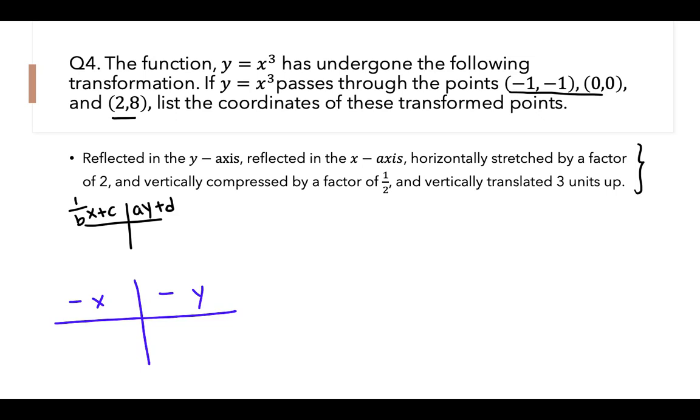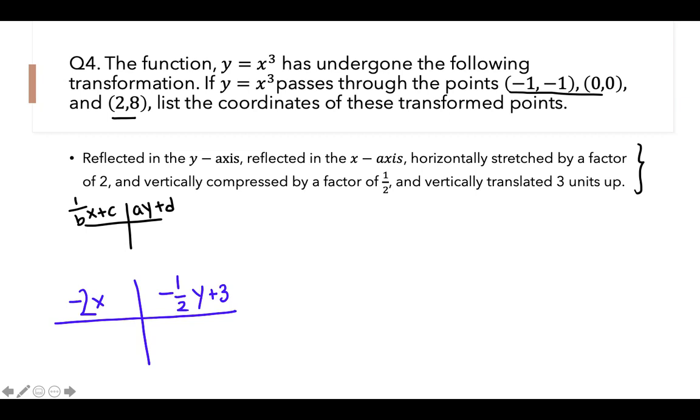So that means b is 2, and then vertically compressed by a factor of 1 over 2. So compressed means 1 over 2, and vertically translated 3 units up. So that means it's going to be d plus 3.